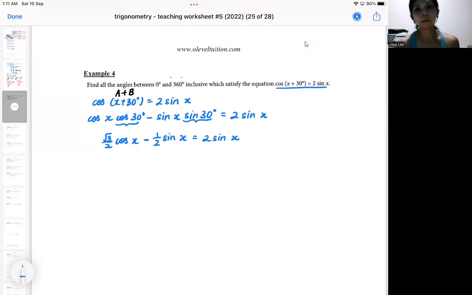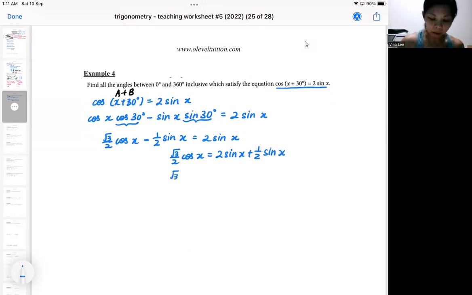If you still remember the part about trigo equations, you got to work until you reduce to a single trigo function, then you can do your basic angle. Currently there's a cosine, there is a sine. That is a hint that you got to condense these two functions into a single function.